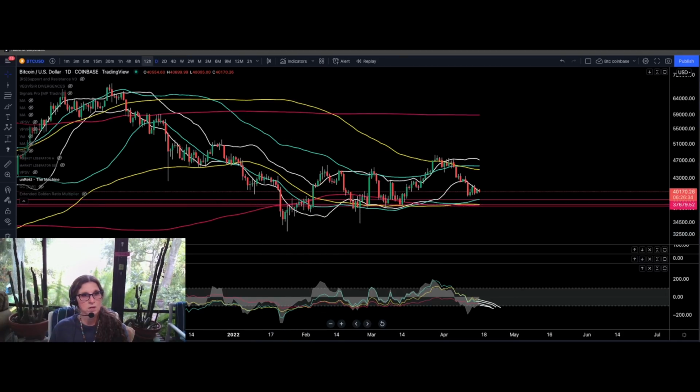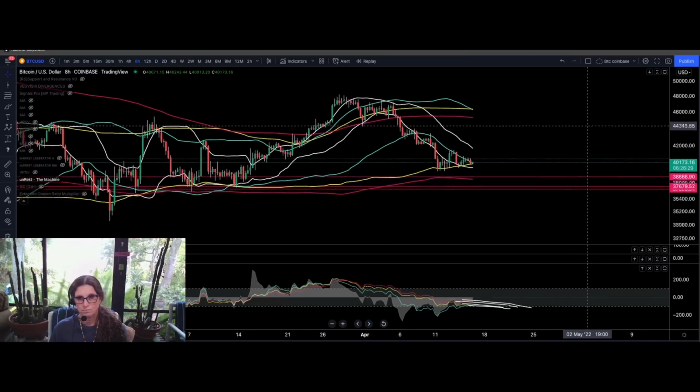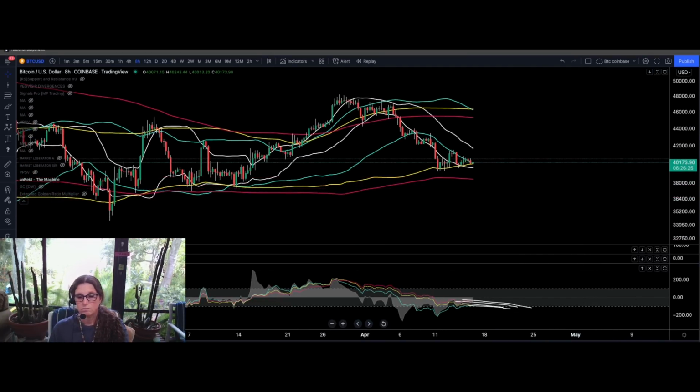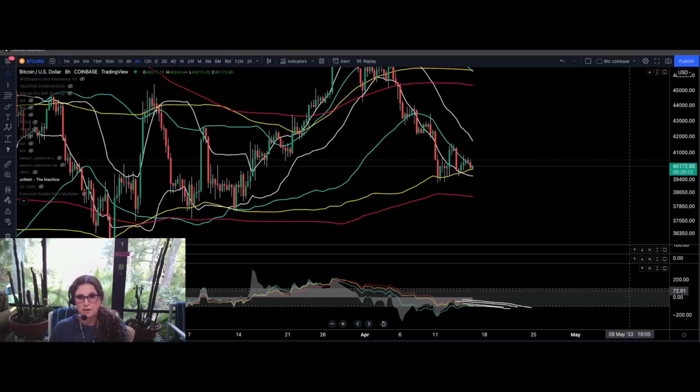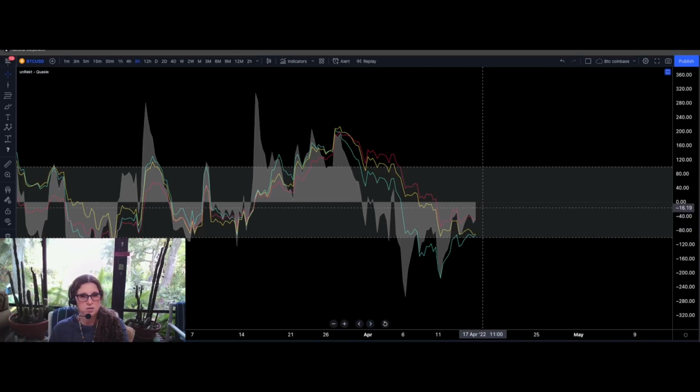Let's go down lower to the 8 hour. Right now, white is trying to turn back up towards zero, but it is still weighted to the downside.